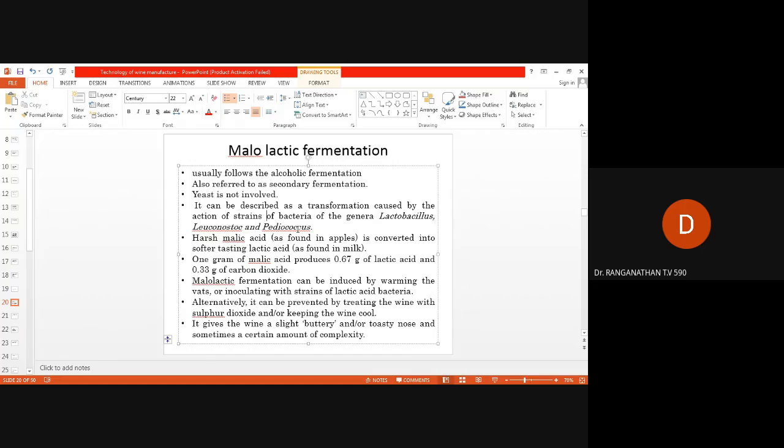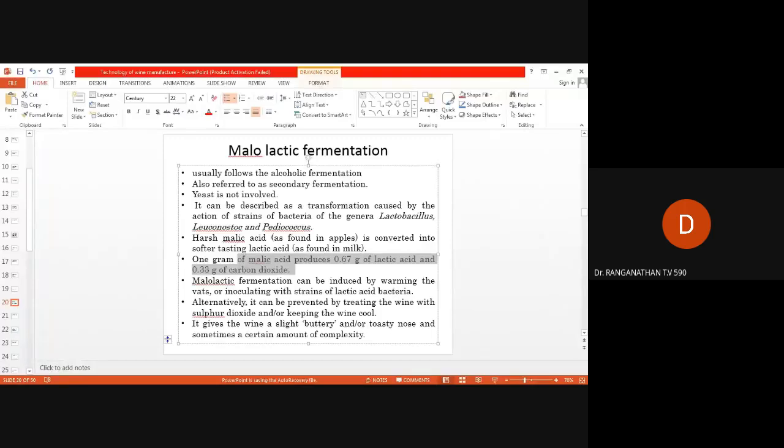The first step of fermentation is done by yeast. The second stage of fermentation is by the lactobacilli. Lactobacilli, obviously you know. 1 gram of malic acid produces 0.67 grams of lactic acid and carbon dioxide. This increases the carbon dioxide level of the wine, which further preserves the wine.